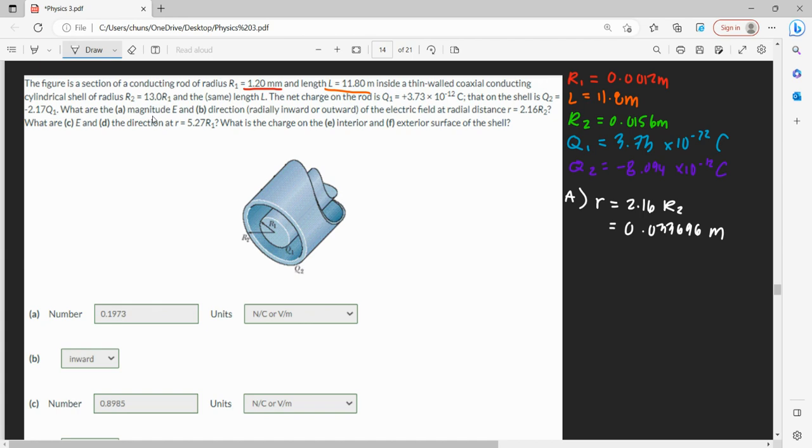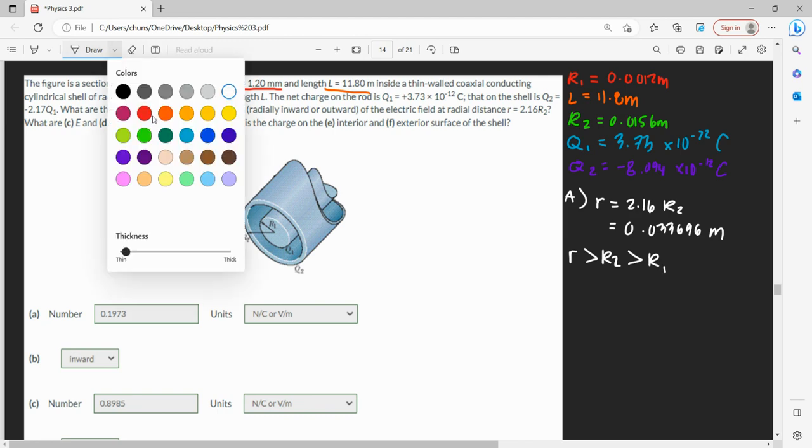This radius is larger than both R1 and R2, so this R is greater than R1 and R2.